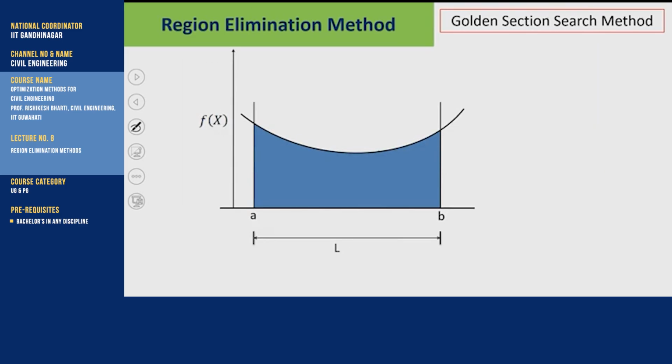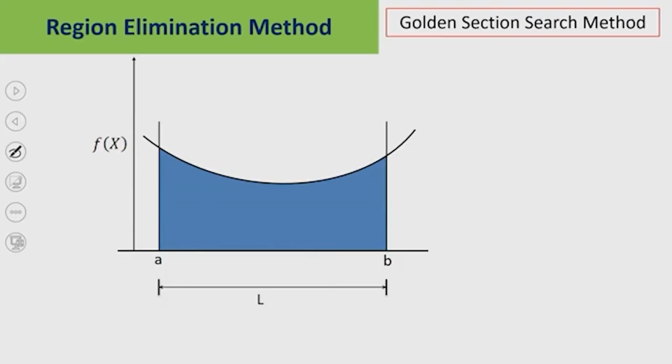In this case, again f of x is a unimodal function. It has only one optima, or in this case one minimum solution, and the function is continuous between a and b.